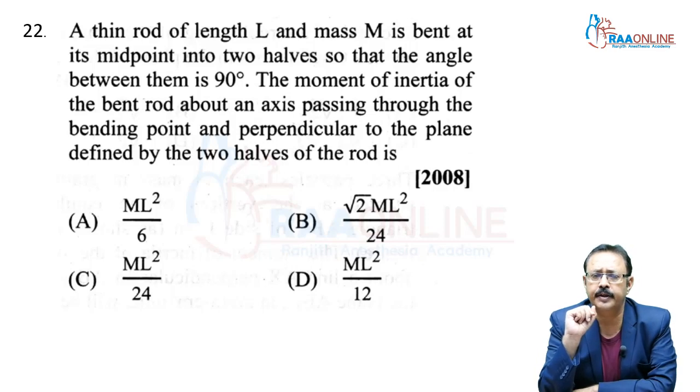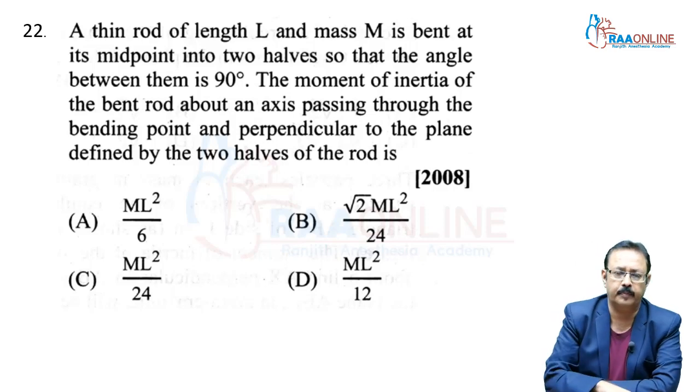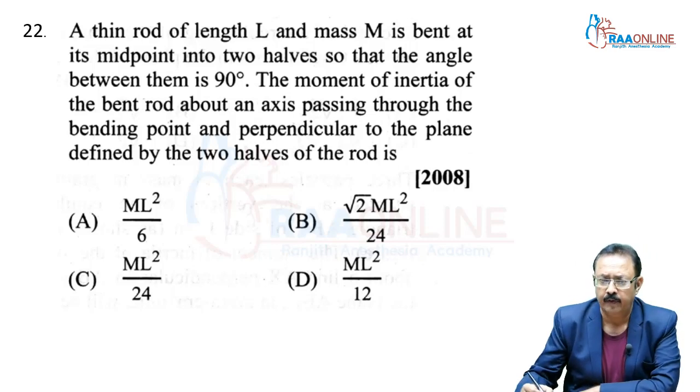The moment of inertia of the bent rod about an axis passing through the bending point and perpendicular to the plane defined by the two halves of the rod is. It means initially we have one rod of length L and mass M.